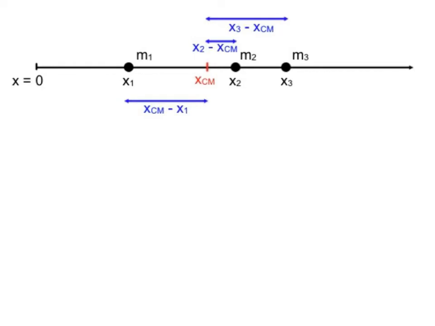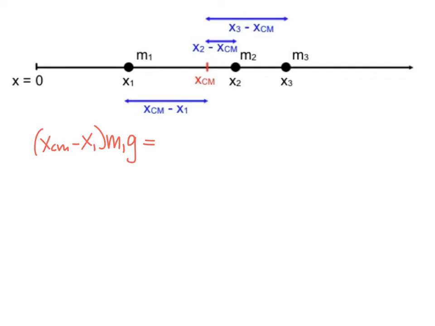So again, I'm thinking about those torque ideas. From here, I'll have to do a little bit of work. The same sort of idea: M1 produces a positive torque, and so I would take this quantity xcm minus x1 times m1 times g. That's my positive torque. And then the other two torques are going to be negative. This time I'll just write those on the other side of the equation and say that the torques must balance on the two sides.